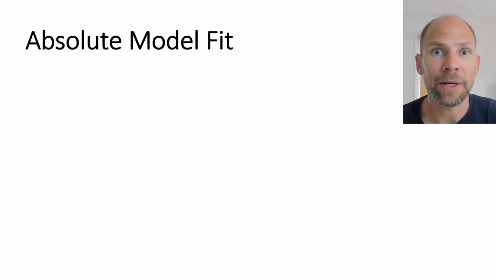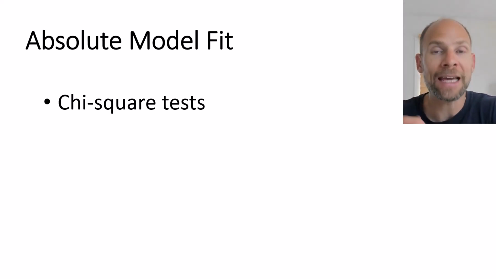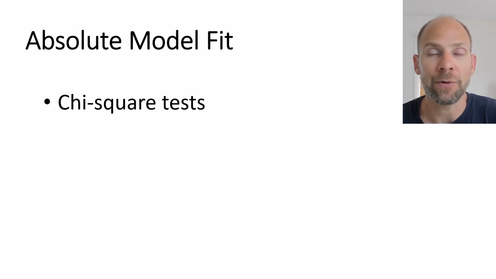And for that purpose, we can use chi-square tests of absolute model fit. Chi-square tests directly compare the observed response pattern frequencies to the model implied response pattern frequencies for a given model, and then we can see whether a model has to be rejected.